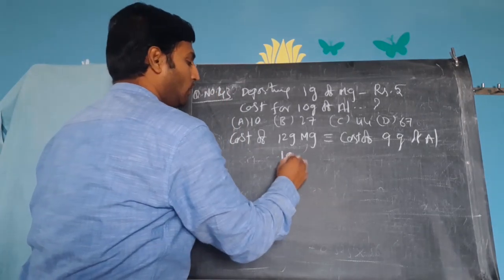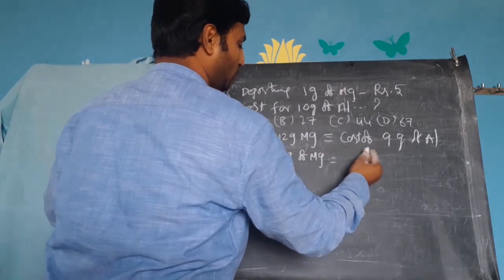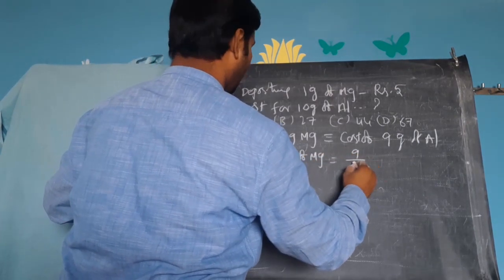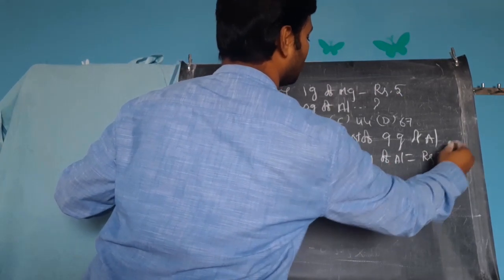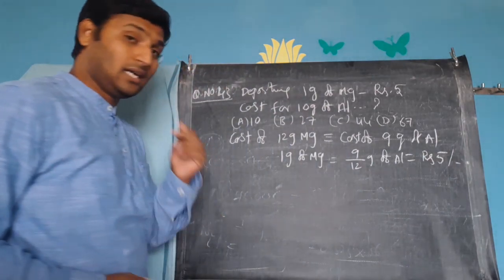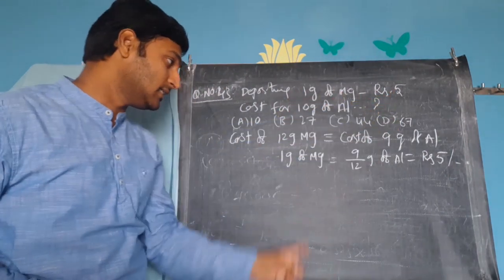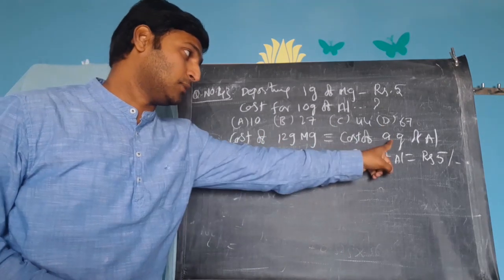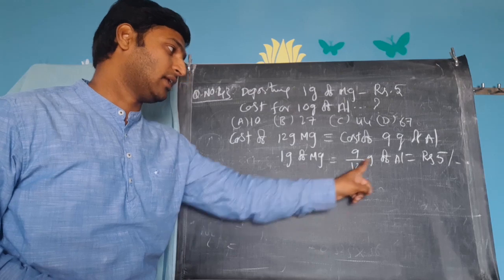Therefore, the cost of 1 gram of magnesium will be equal to the cost of 9 by 12 grams of aluminium, which is 5 rupees. Yes or no? Because he has said for depositing 1 gram of magnesium it takes 5 rupees. Now 12 grams of magnesium, 9 grams of aluminium, same. Therefore 1 gram of magnesium will be equivalent to 9 by 12 grams of aluminium.